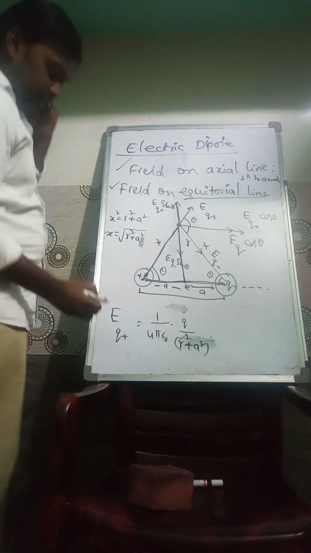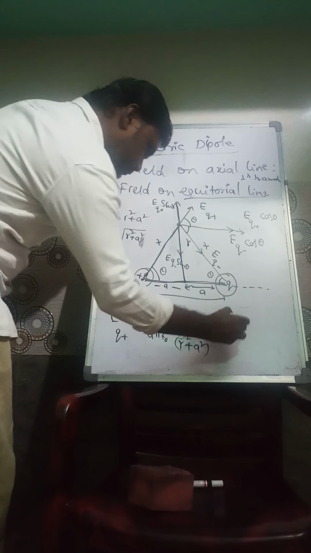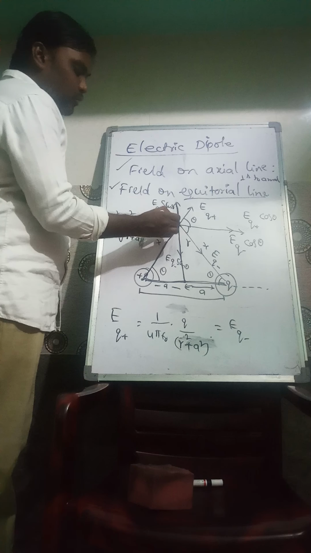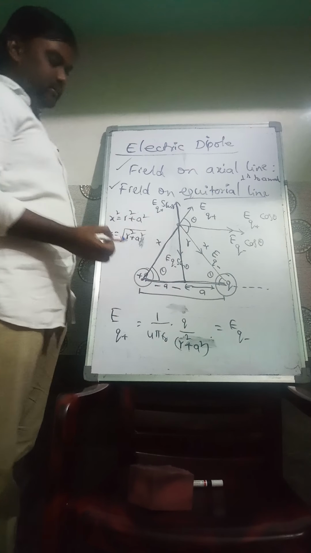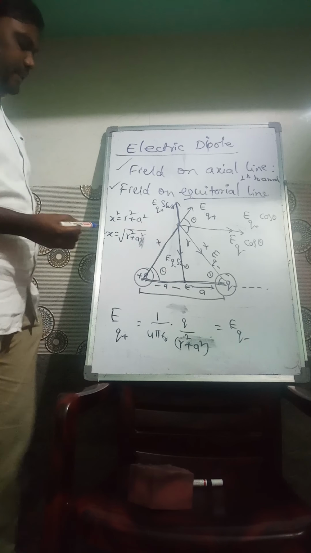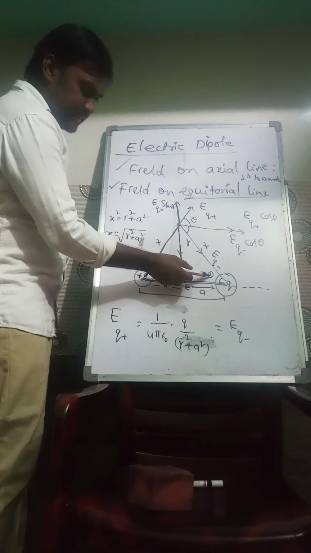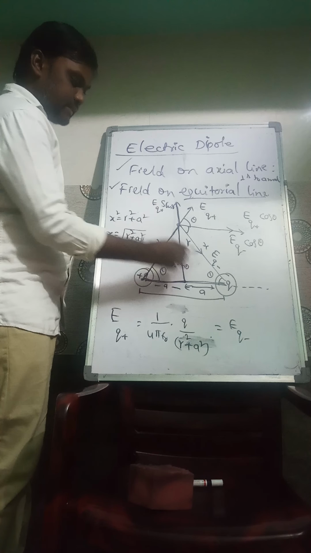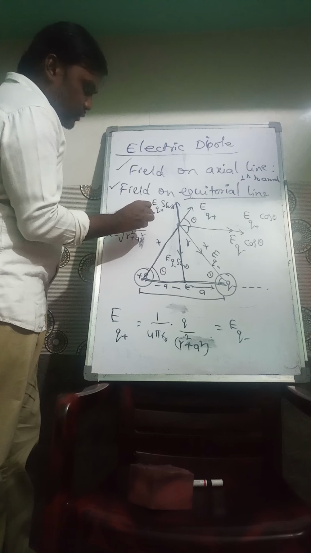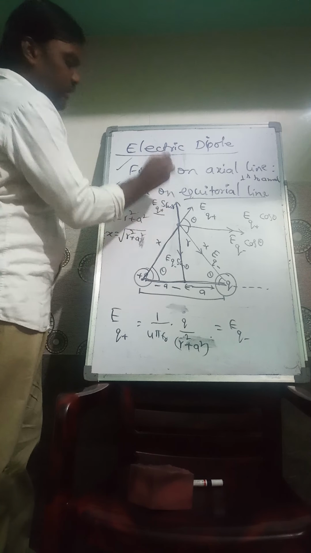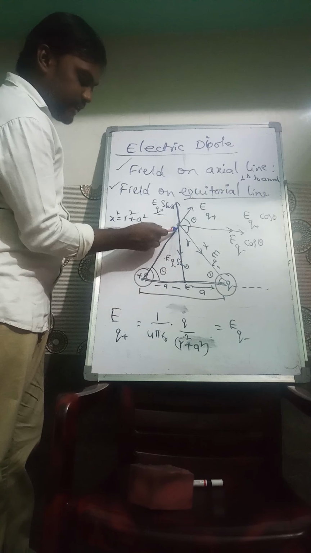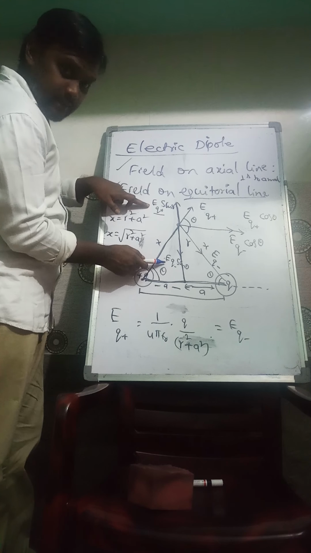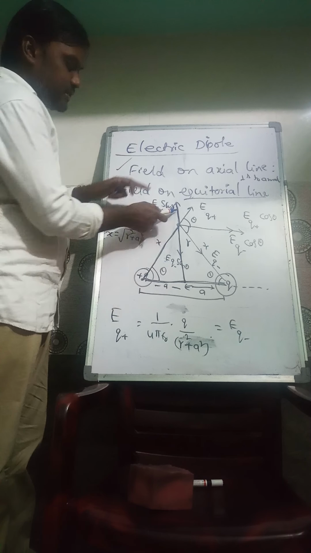That is why E q plus and E q minus both have the same magnitude, but one is in this direction and the other in this direction. Since the angle theta is the same in both right angle triangles, E q plus sin theta is in the upward direction and E q minus sin theta is in the downward direction. Both have the same magnitude and are opposite in direction, hence they will cancel.